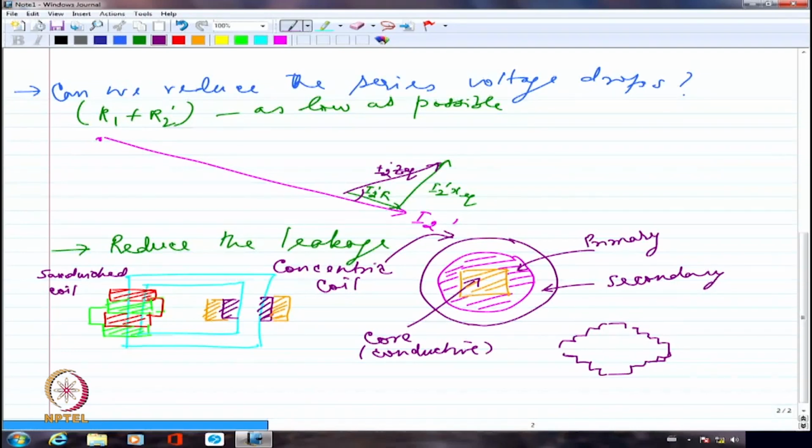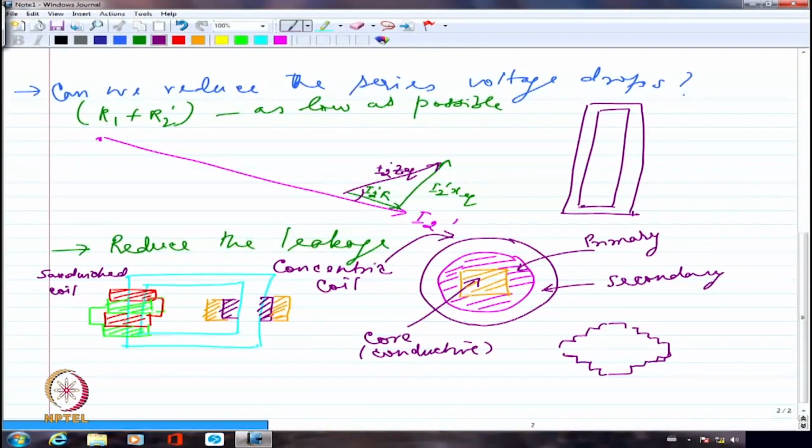So sandwich coil and concentric coils: these are two ways of reducing leakage reactance. One more thing that is generally done is we never make the core broader and thicker. We try to make it thinner and longer, like this. I'm sorry for the bad drawing.